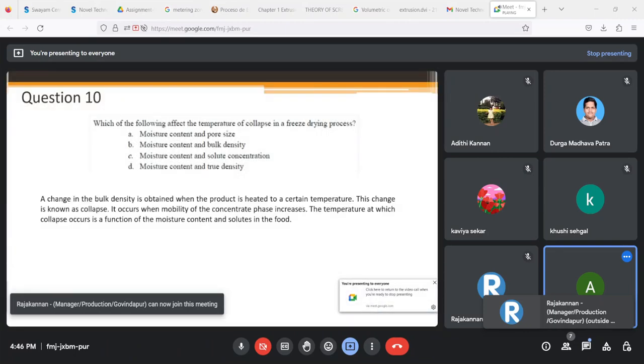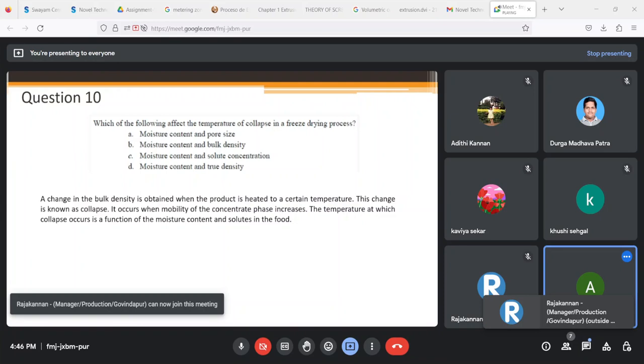That also starts gaining mobility, and because of this gain in mobility, the structure will collapse, and the temperature at which this collapse occurs is known as the collapse temperature. And this is a function of your moisture content and the solutes, because both of these together determine the viscosity of the product, that is important for the determination of temperature of collapse.